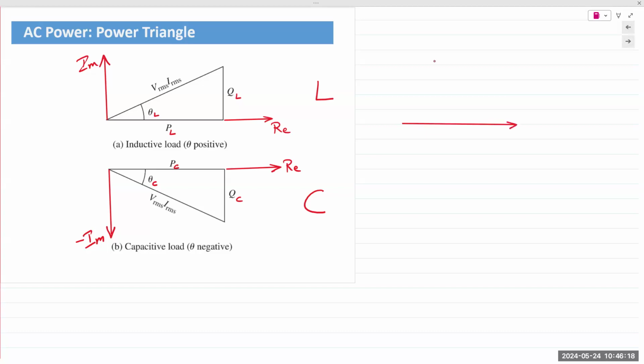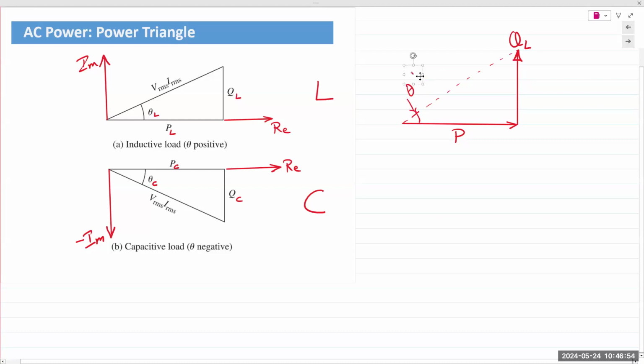If this is the P of your system, and this is the required QL, now your angle theta is quite large.